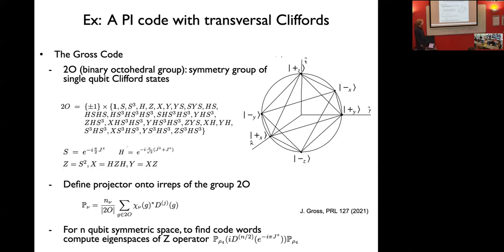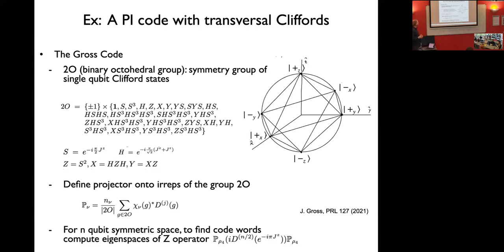The operations which permute the labels on these states can be thought of as rotations of a cube, where you associate each stabilizer state with a face of a cube.